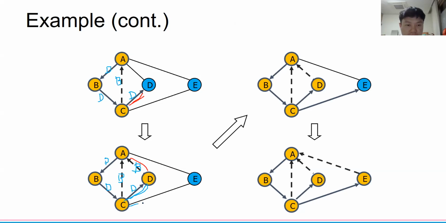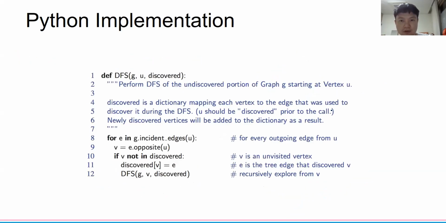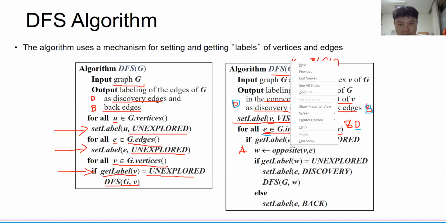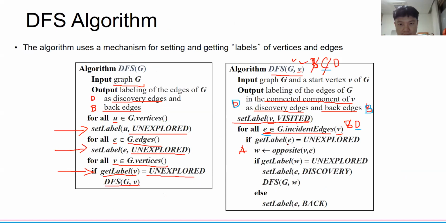So we can see there is an alternative to E. Okay, so we will check the edge to E. What is this edge? When you check this one, the label of the edge is unexplored.